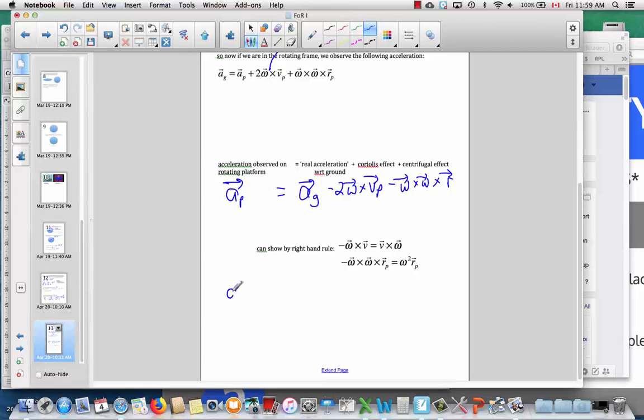So we're just going to then recover the equations as we had written them earlier. So the acceleration that you see on a rotating platform is the real acceleration plus a Coriolis acceleration when you're moving in the rotating frame, plus a centrifugal acceleration. So this is a brief derivation to show where these two terms come from.